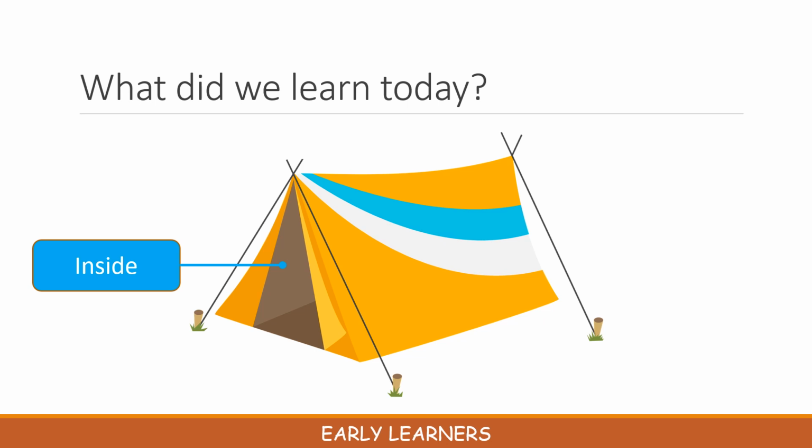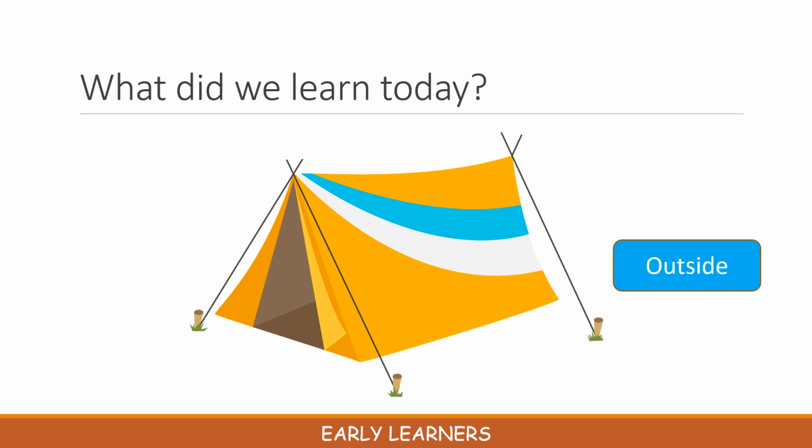So that's inside, right? And when you go out to play, you go out of your house, you go out of your class, you go out of your car, that is what we call outside. So the other word that we learned today is outside.